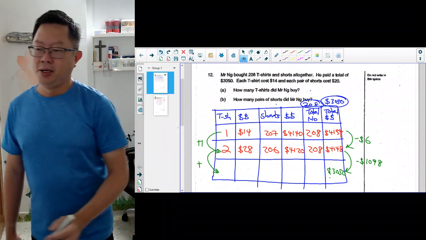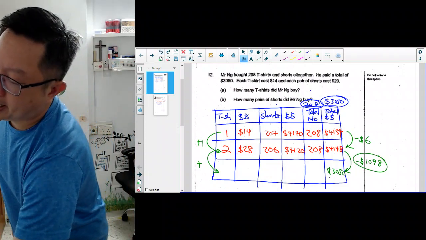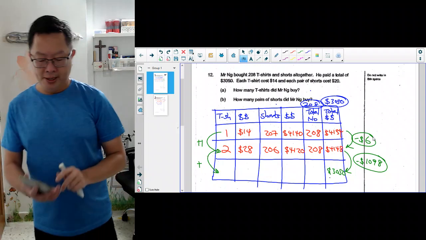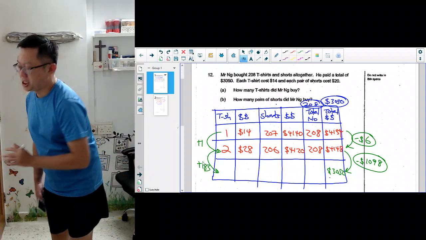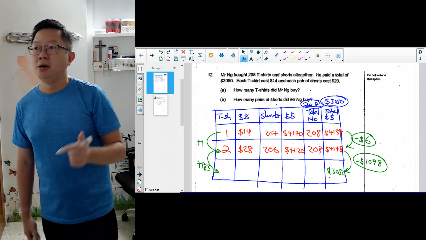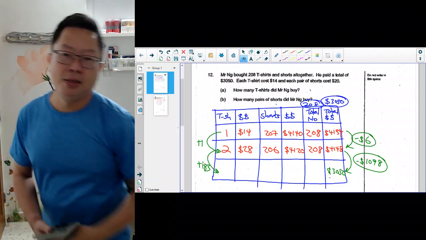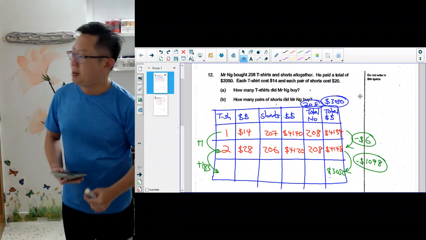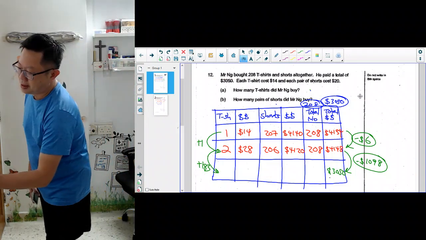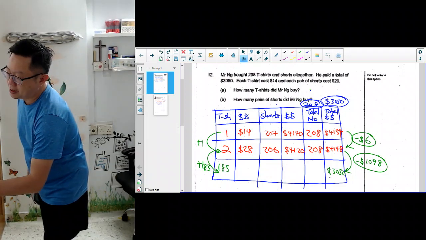So what do you do? You take 1,098 and you divide by 6. Okay? And you will get 183 more t-shirts. So you have to increase by 183 t-shirts. And then how many t-shirts will there be in the third row? There will be 185 t-shirts already.